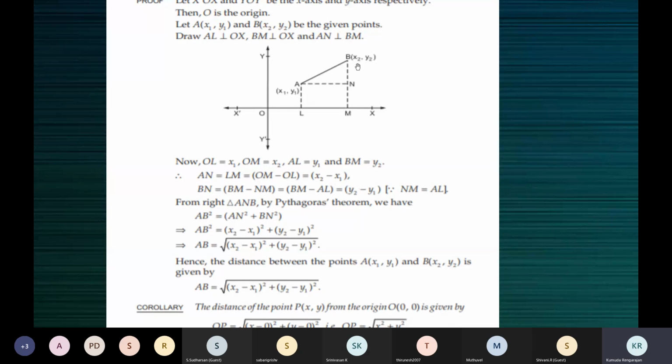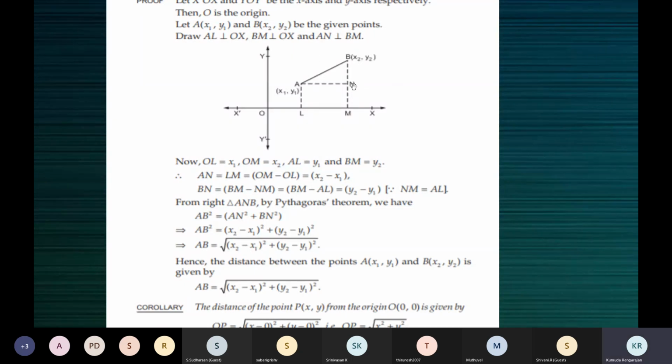But N is not the midpoint of AB. The 3 points are not collinear. They need not be collinear. Simply because it is equidistant, don't think that N should be the midpoint of AB. It may be, but it need not be.